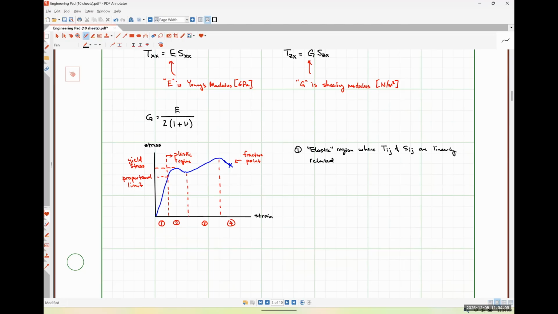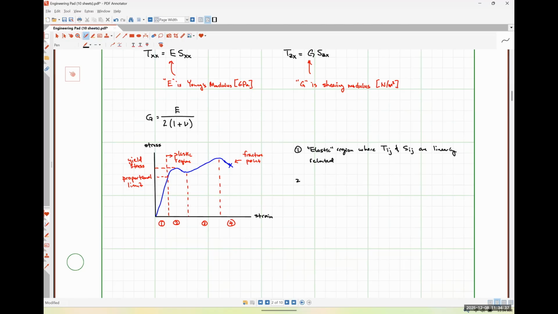And I'm using the indices i and j here as dummy indices for the directions that we're interested in. Okay. So in this region, if the stress or the applied force is removed, the material should return to its original shape. And this force loading can be repeated over and over and over again without causing any sort of permanent material deformation.